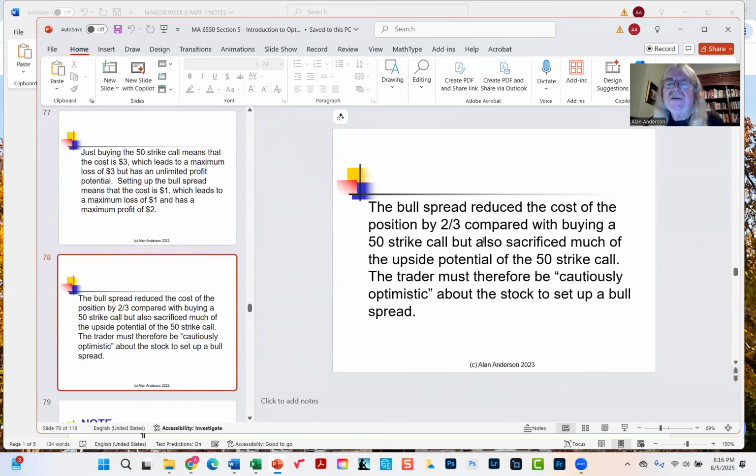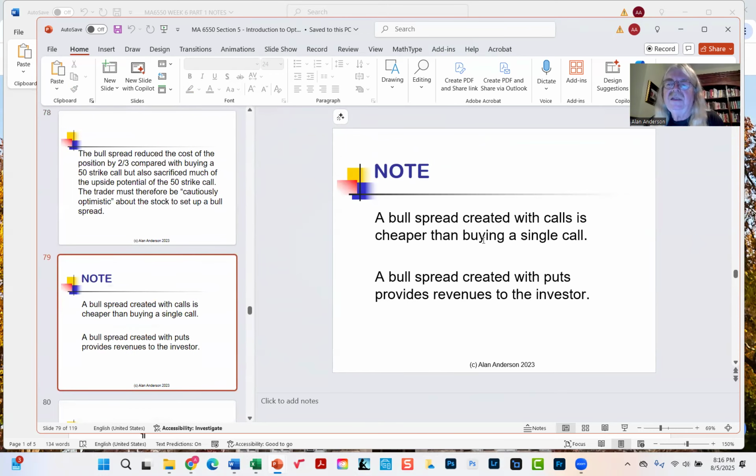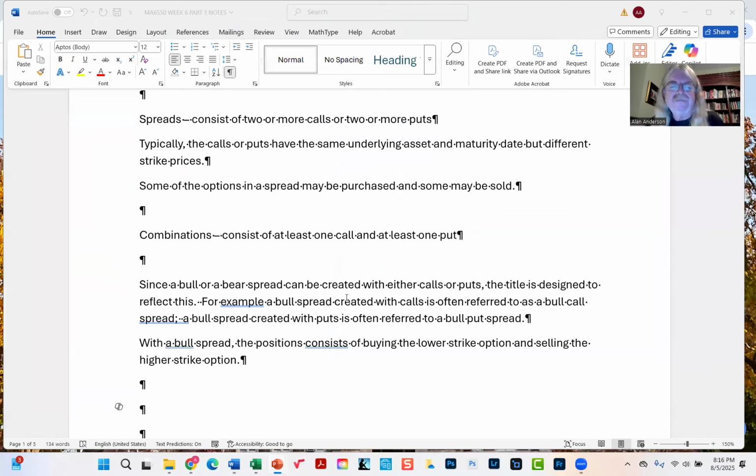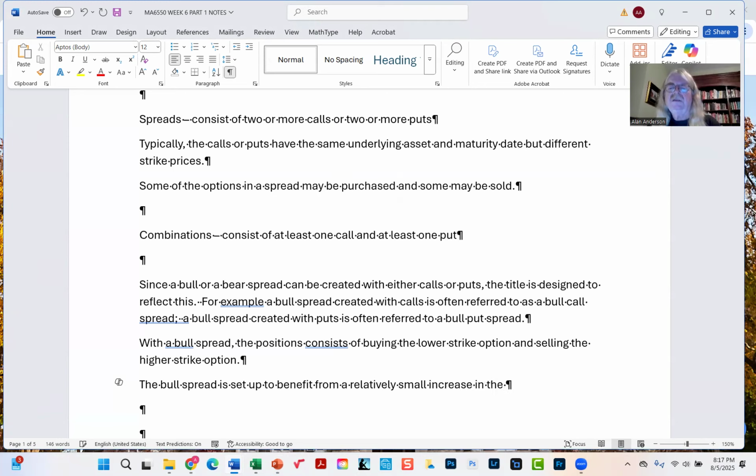Now, it turns out that the bear spread is just the reverse of the bull spread. Okay. So in other words, and one more thing we need to pay attention to here. The bull spread is set up to benefit from a relatively small increase in the price of the asset, with a very low cost.